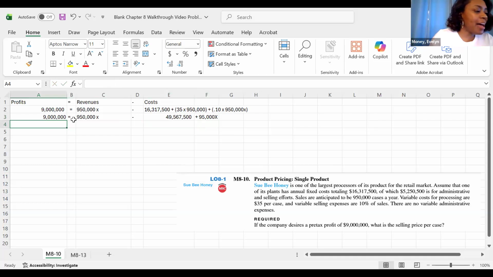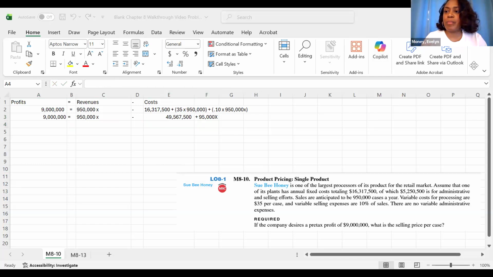Now we can combine our X's. Remember the 950,000 X minus all of my costs. So technically this is negative. And I can take this 49 million and move it over to the other side.